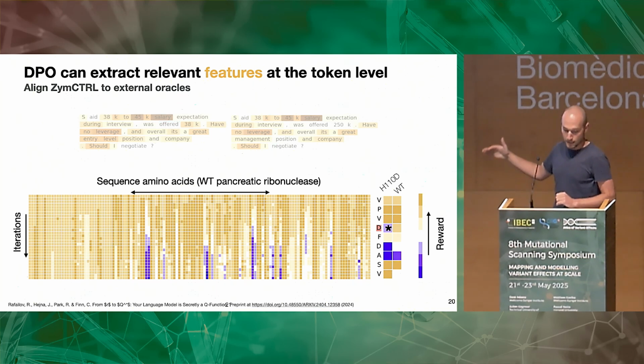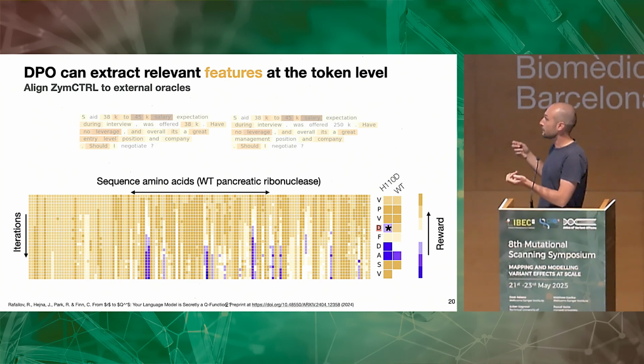As you can see here, the model understands and scores specific tokens in a different way. What I also find very interesting is that we can show a kind of inertia and some patterns emerging, and also if we introduce a point mutation into the sequence, the model is able to score that mutation with a lower reward.